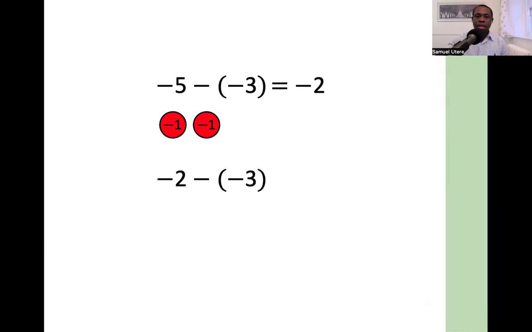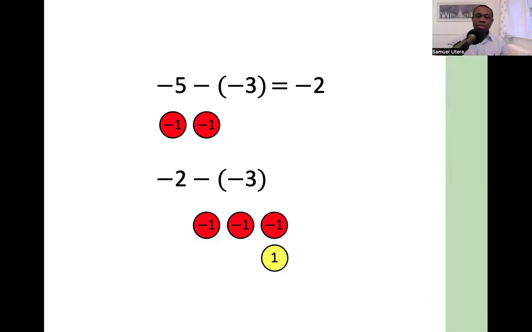Let's look at another example. If we have -2 counters and we're asked to subtract -3 counters, we do not have enough negative counters to subtract the 3 negative counters. So we're going to use what we call zero pairs to represent nothing. But those zero pairs will have 3 negative counters, which we need.